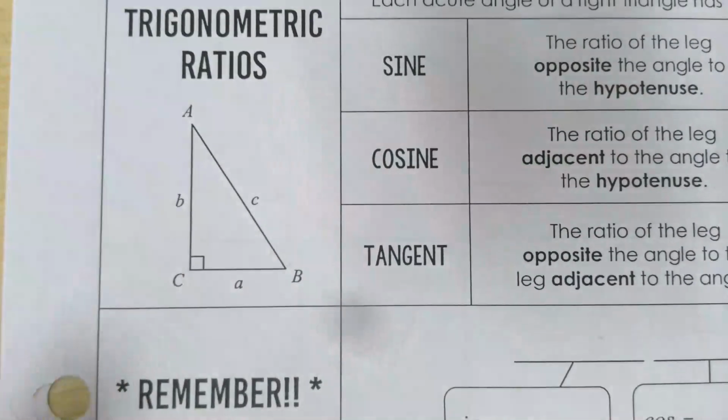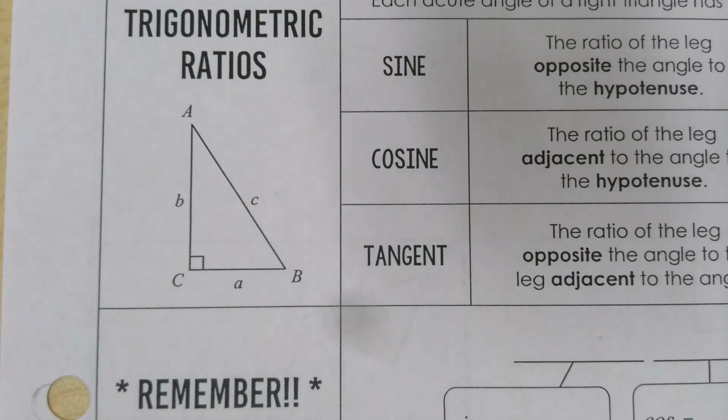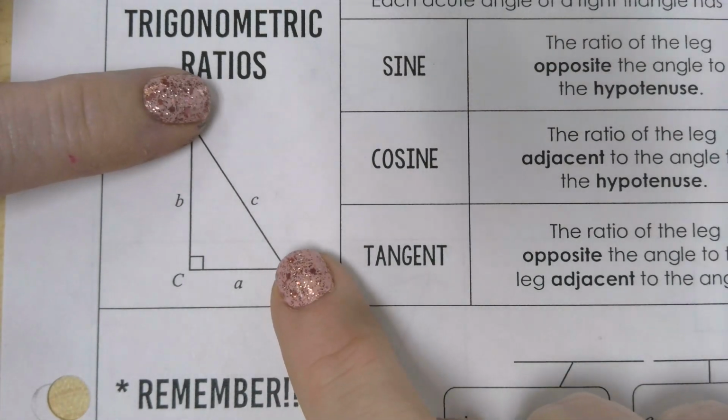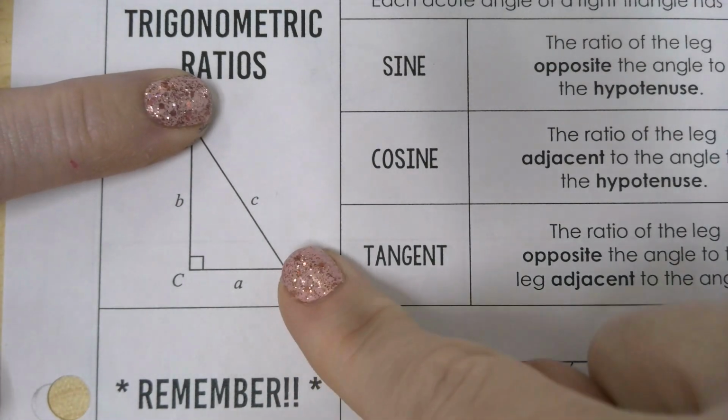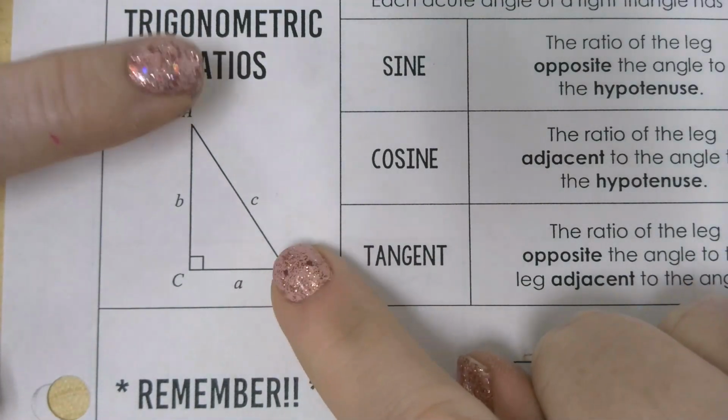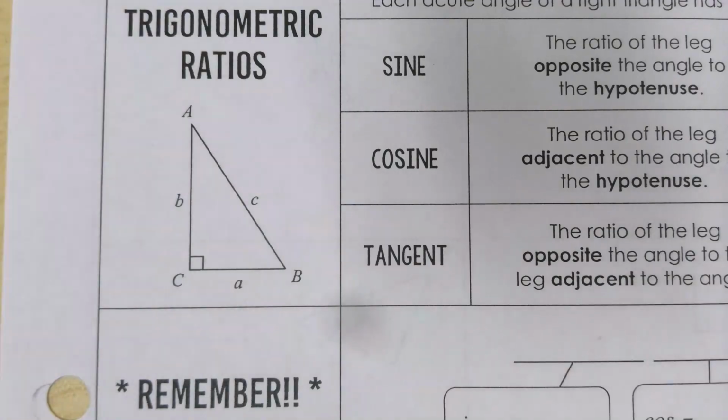Okay, so when we are talking about trig, we have to have what's called a reference angle. The reference angle is going to be one of the acute angles. There's different ways that they will ask you to find trig, and they'll designate which angle.